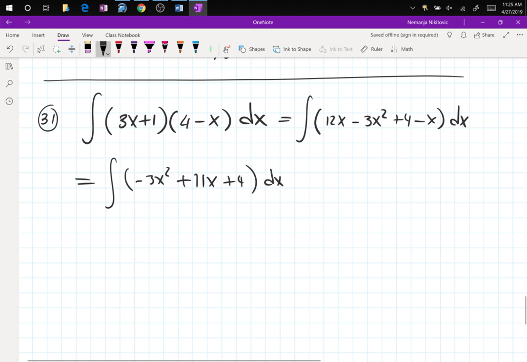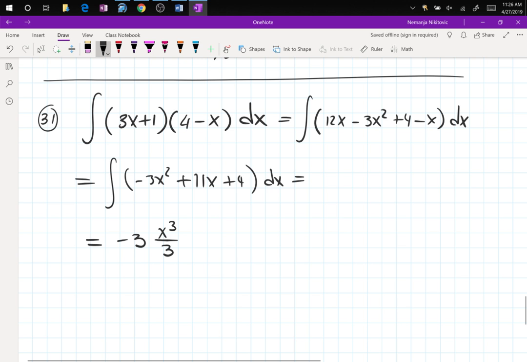So now, what we do is integration. Now, without breaking this into 3 separate integrals, we're going to go negative 3 and then x cubed over 3, because the integral of x squared is x cubed over 3.